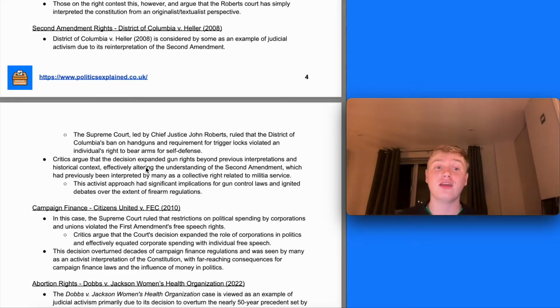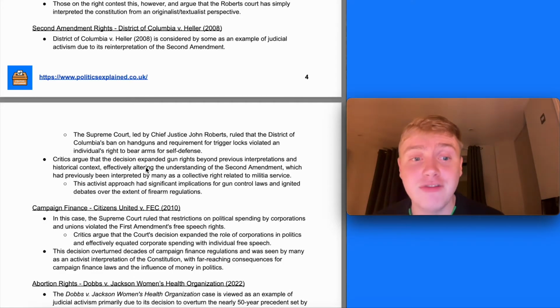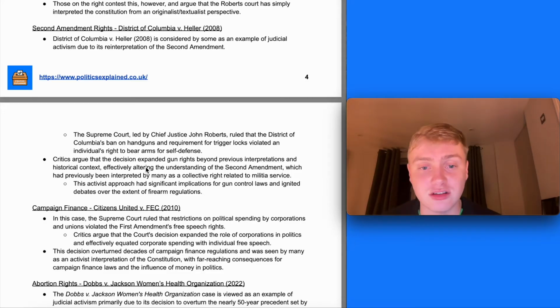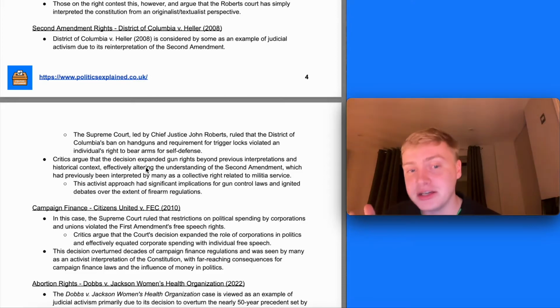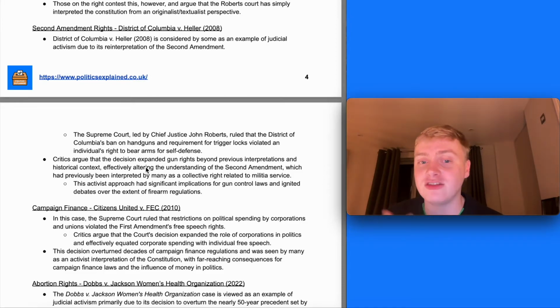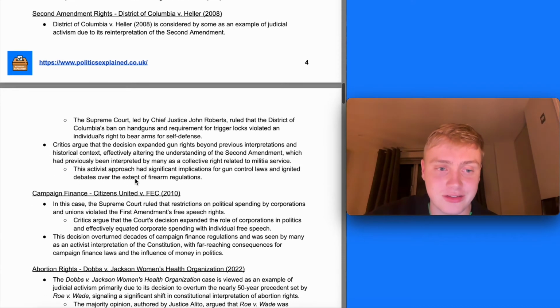And critics argue that this decision expanded gun rights beyond previous interpretations and historical context, effectively altering the understanding of the Second Amendment, which had previously been interpreted by many as a collective right to self-defense related to militia service. But now it had been expanded to an individual right to self-defense, and it had really significant implications for gun rights across the US.